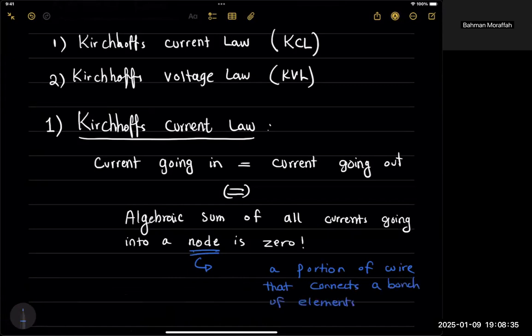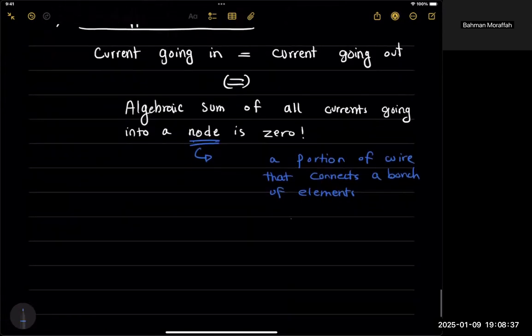For example, if I have this one, this one, this one, this one, this right here is a node because it connects this element to this element.